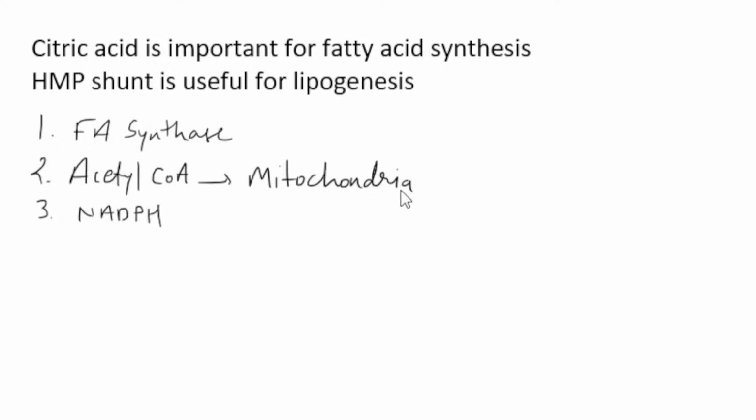By three ways. Number one is by link reaction, where pyruvate is converted to acetyl coenzyme A by pyruvate dehydrogenase enzyme, where decarboxylation or you can say oxidation of pyruvate occurs and formation of acetyl coenzyme A in mitochondria.